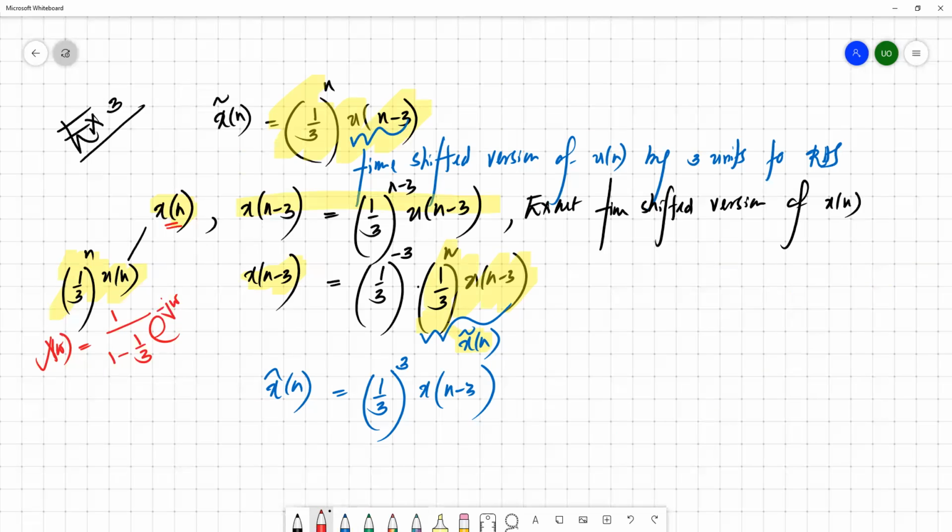Okay, so then from this you can take the time shifted version.